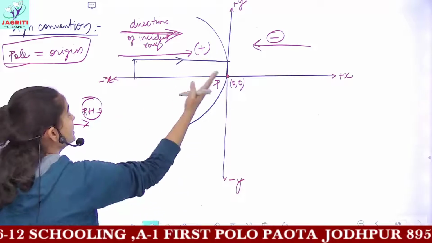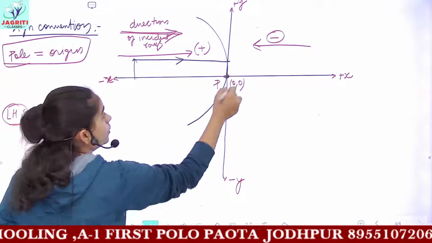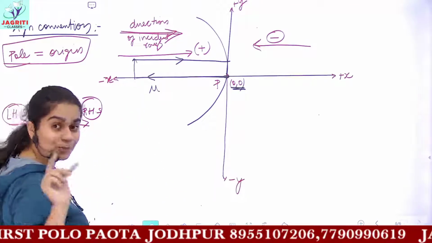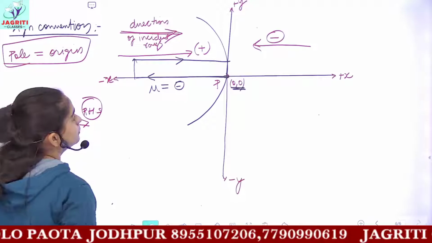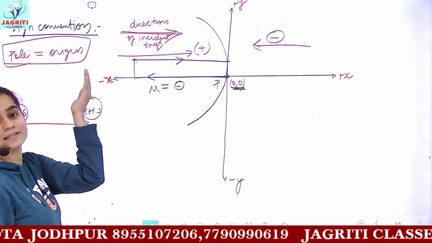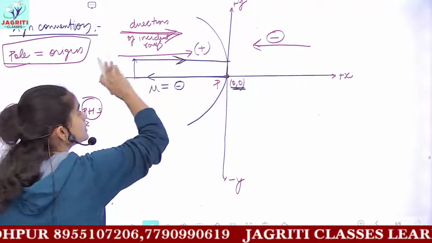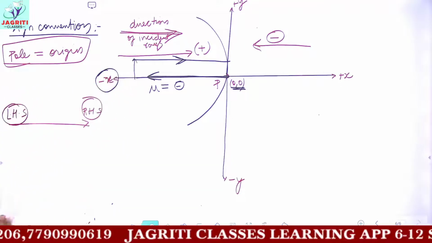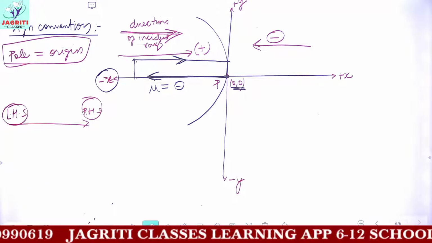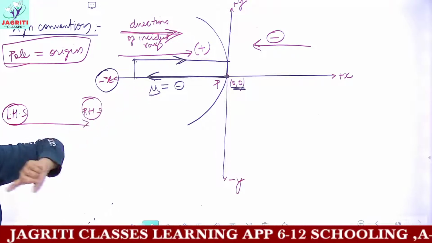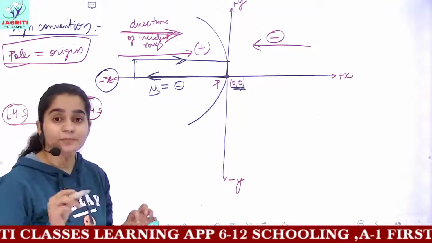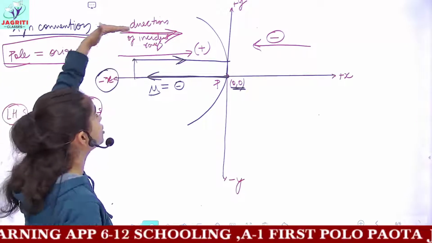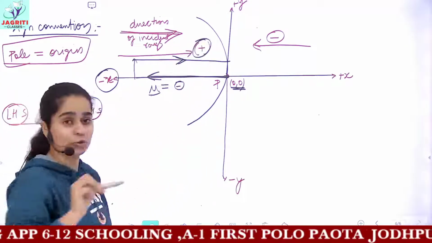The object distance is measured from the pole at 0, 0, and it would be negative, because you are moving along the negative x-axis while the direction of light is towards the right, so you are measuring the distance backwards. It gives a negative value of small u. Small u shows object distance, and all distances measured in the same direction as the incident light are considered positive.